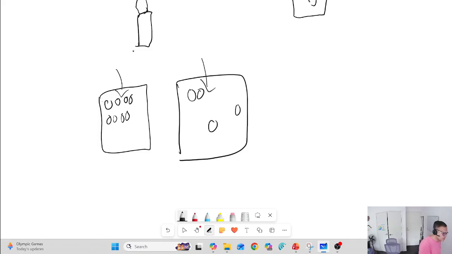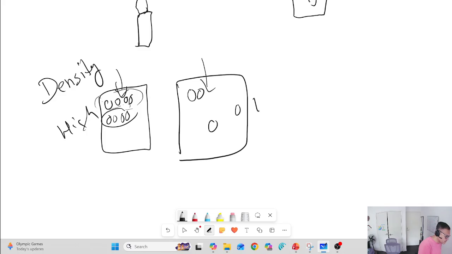The same in matter also: if the particles are very much together, we call it dense, and the density is high here, and density is low in this one.